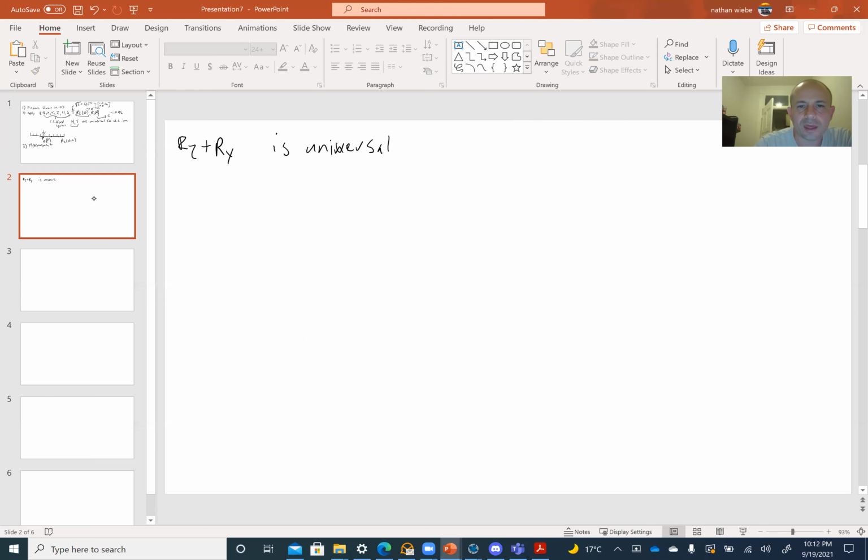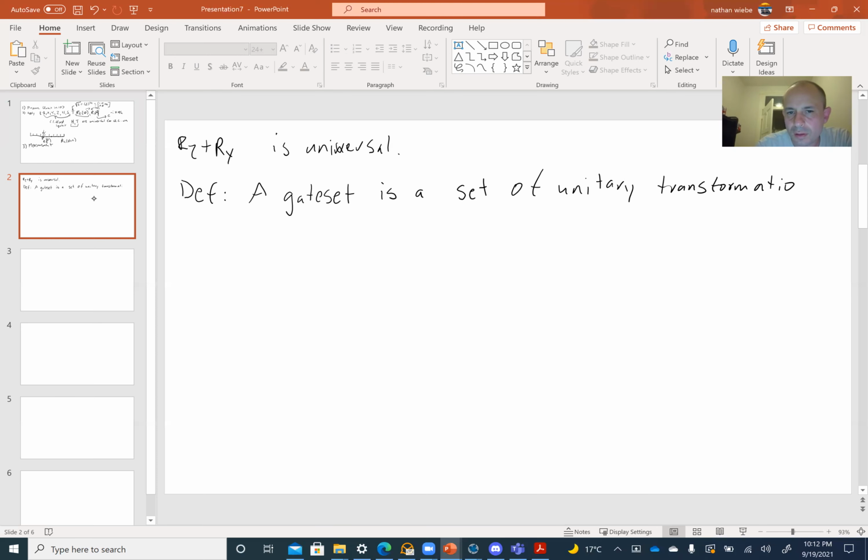Universal. Okay, by which I end up meaning that a gate set is a set of unitary transformations in some finite dimensional vector space.